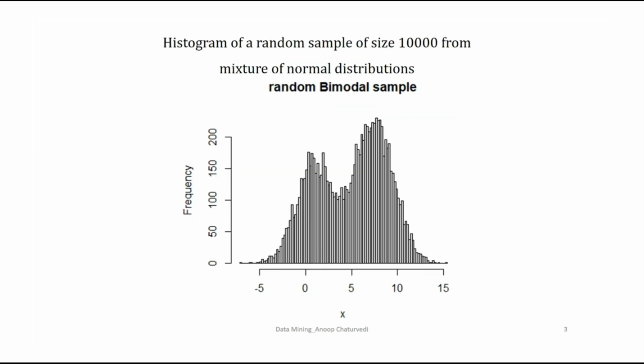Now, this is the histogram of a random sample of size 10,000 from a mixture of normal distributions. So, basically you have a random bimodal sample. So, again it appears that the observations are from two different clusters.